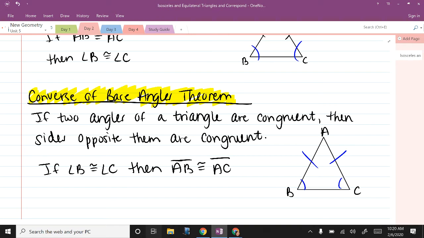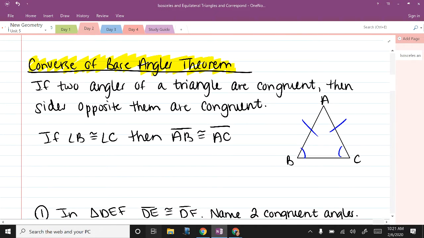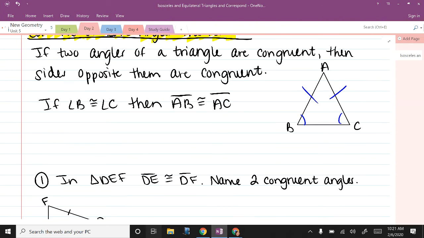So it goes both ways. If 2 sides are congruent, then 2 angles are congruent. And if 2 angles are congruent, then 2 sides are congruent. And that is for isosceles triangles. All right, good job. Did y'all highlight those too?